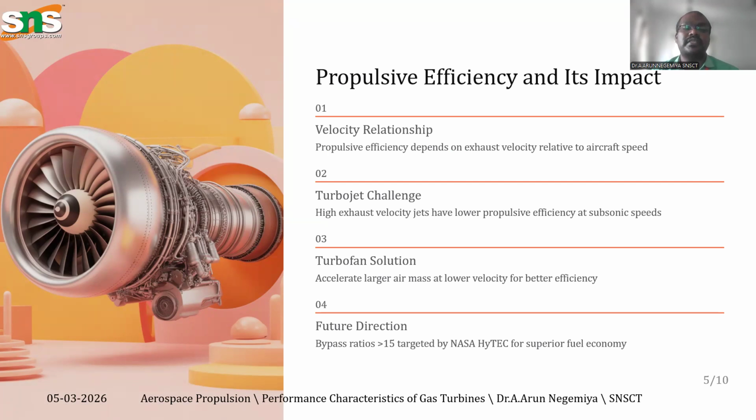The efficiency varies with these two parameters. Second one is the turbojet challenges. In turbojets, low propulsive efficiency is found at subsonic speed because of the high exhaust velocity. For turbofan solutions, the air moves at a lower velocity for better efficiency.